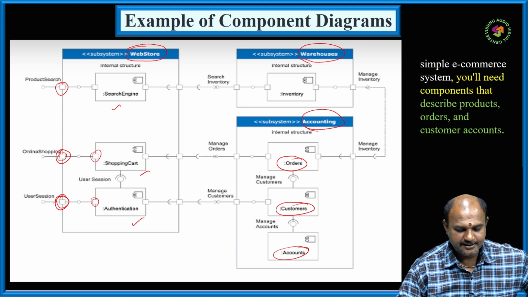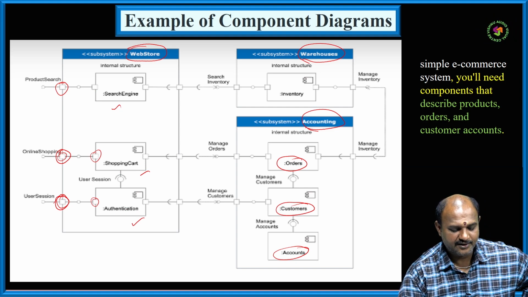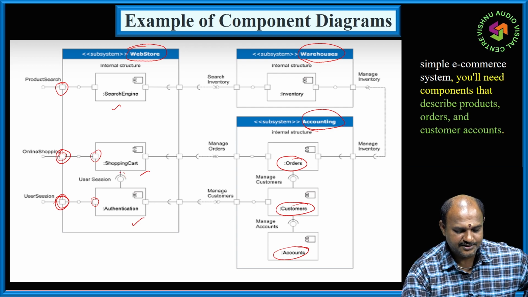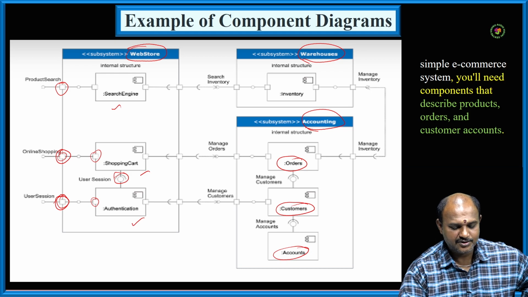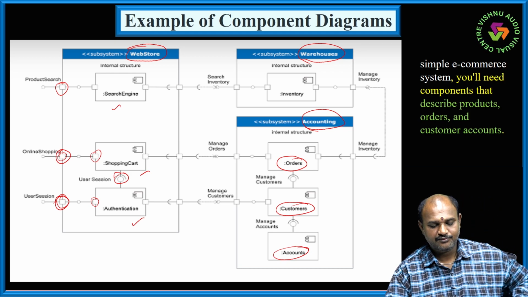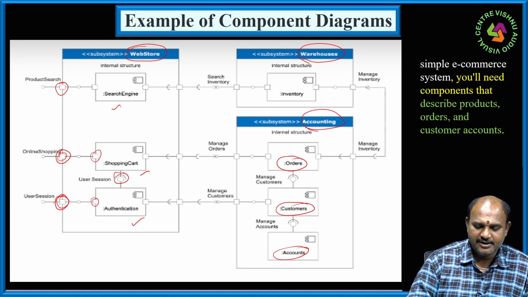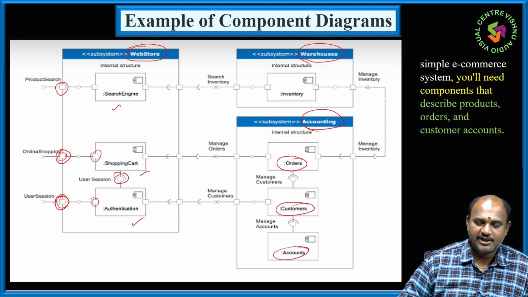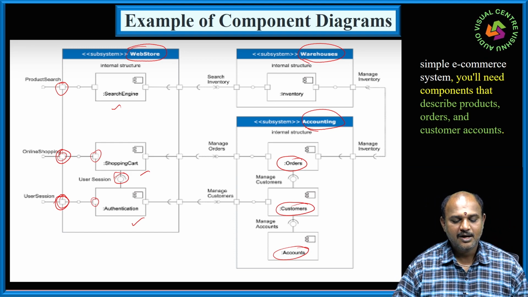Between the shopping cart and authentication we have an interface, used for user sessions. So this is the interface between shopping cart and authentication. It checks whether the user is valid or not, and since communication is required, we use an interface between the shopping cart and authentication.